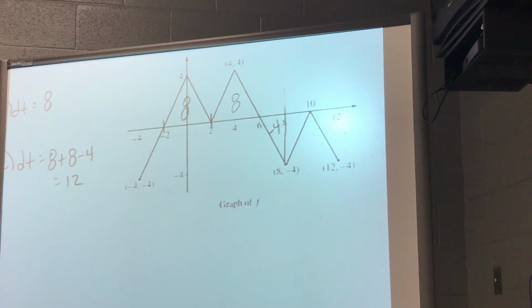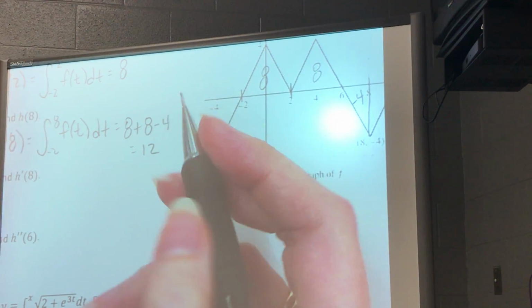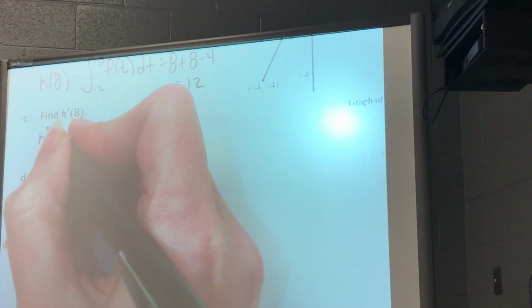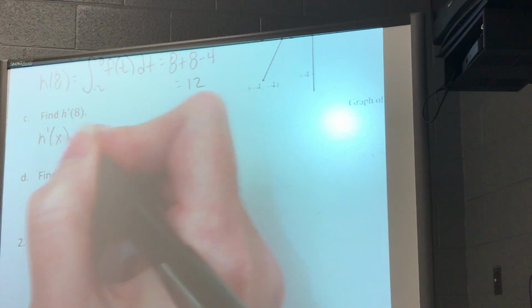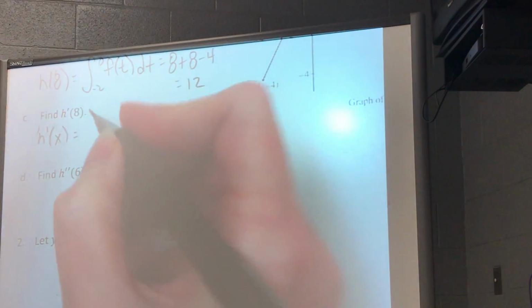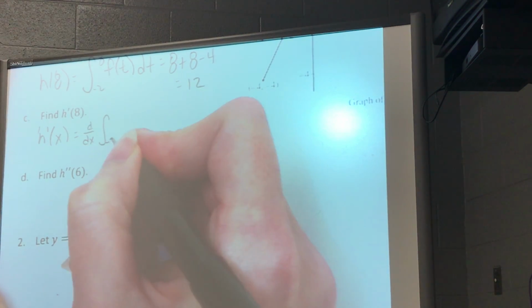Okay, C. C is pretty much the fundamental theorem of calculus part 1. We're going to find h prime of 8. So let's talk about what h prime of x is. H prime of x is the derivative of that accumulation function.